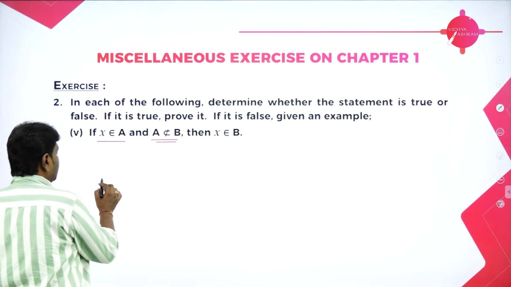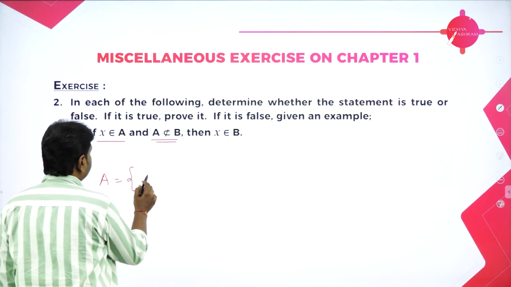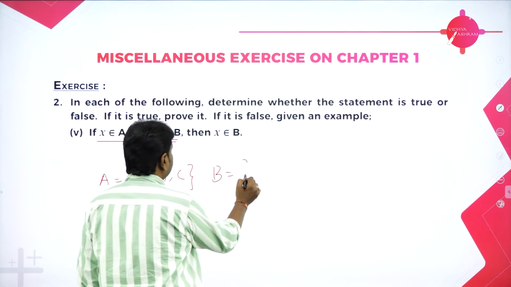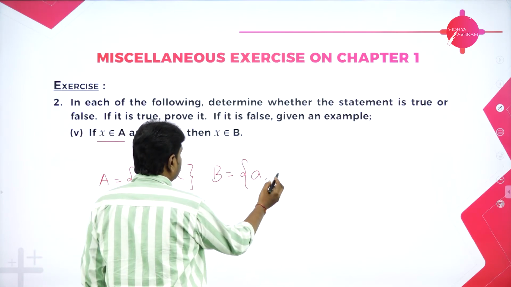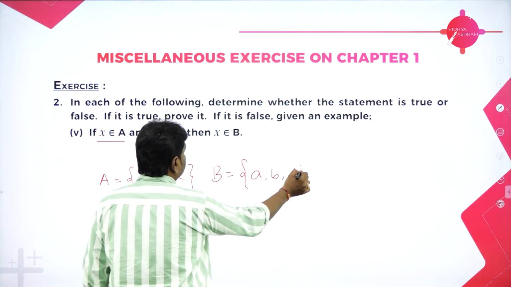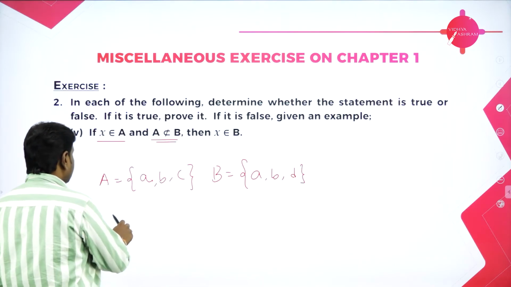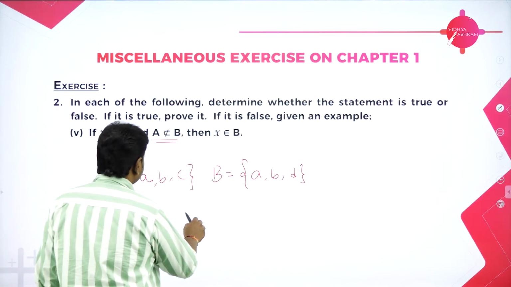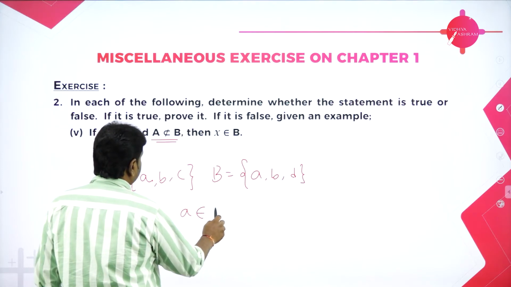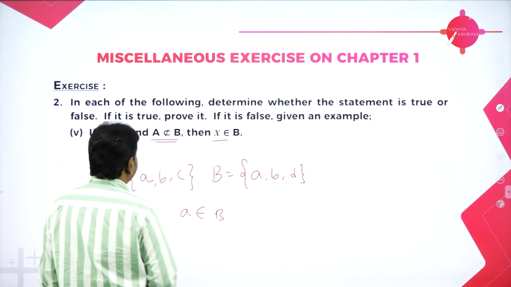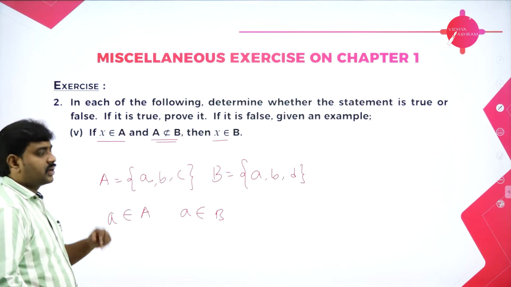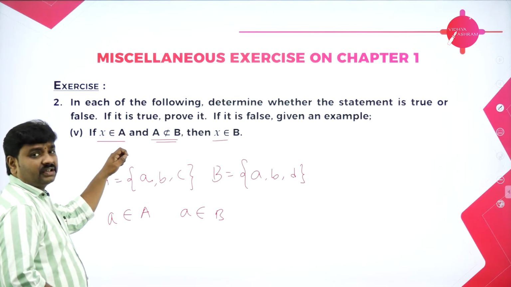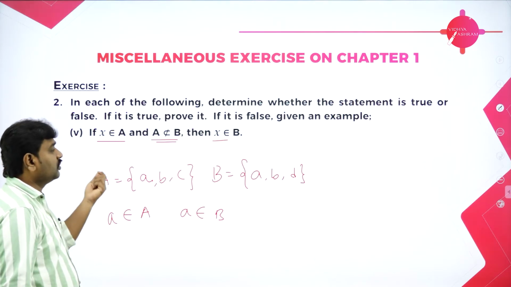For example, I'll take set A = {a, b, c} and set B = {a, b, d}. Now a belongs to A and the same a belongs to B also, but A is not a subset of B. Still, this is not true for all elements, and they did not say for all, so we cannot conclude.